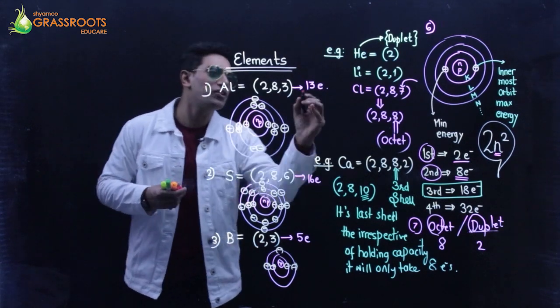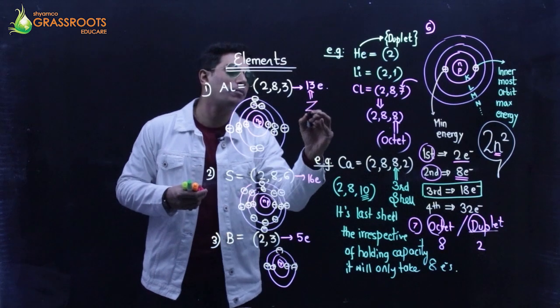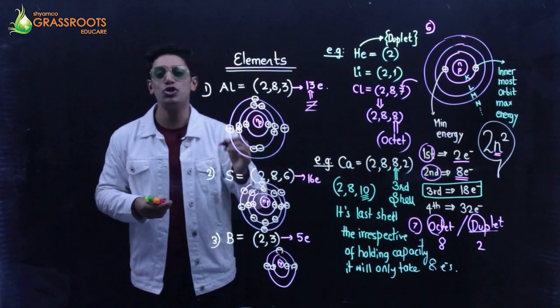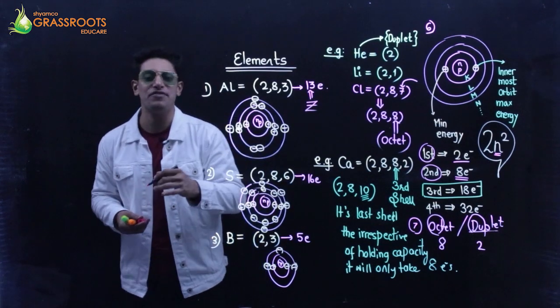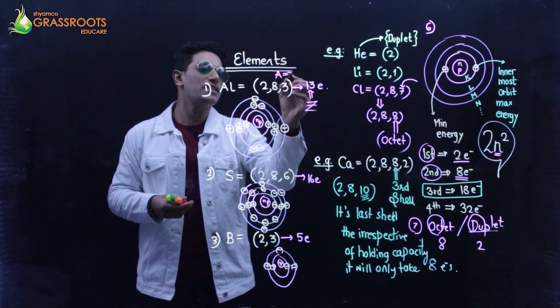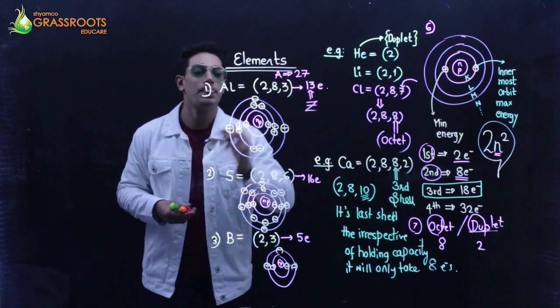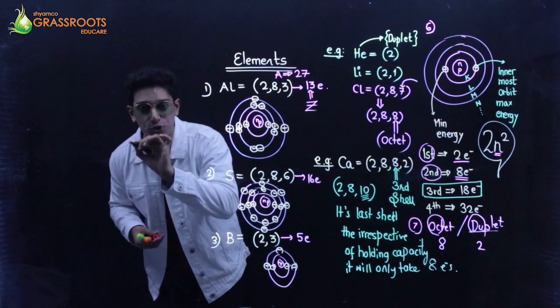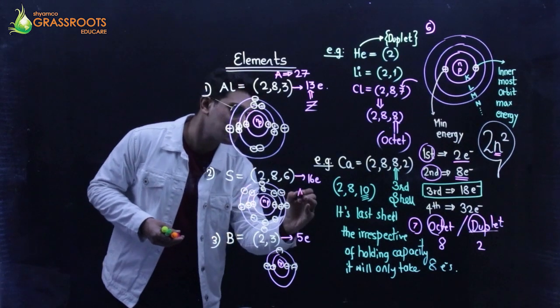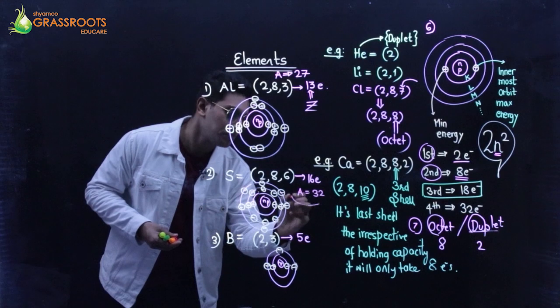Ideally, most of the students also learn the mass number. What I've written out here is the atomic number, which is the number of protons or electrons. You should know the mass also at this level. Yes, the mass number of aluminium is 27. That means it has 14 neutrons and 13 protons. Sulfur, the mass number is 32.